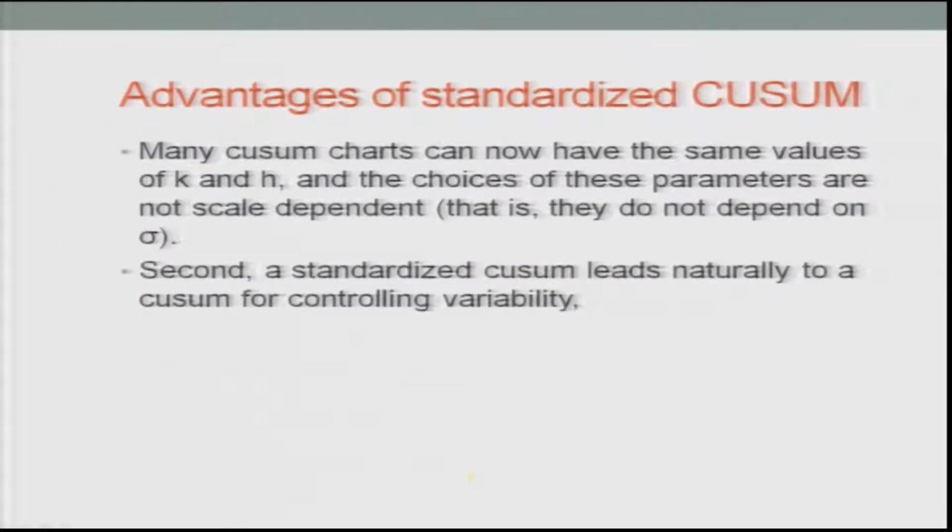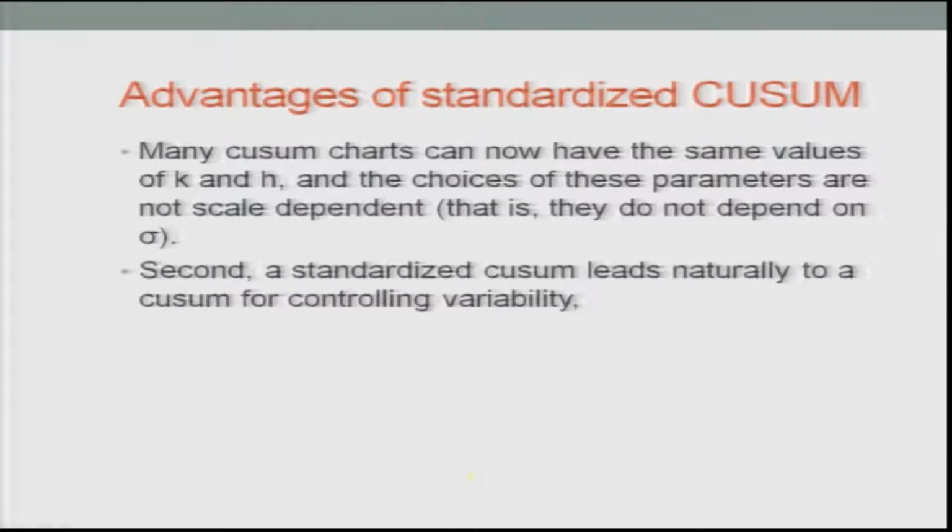So, the advantages of standard CUSUM charts are, many CUSUM charts can now have the same values of K and H. Obviously, whatever the K values and H values are, small k and small h, you can standardize them and utilize them accordingly. The choices of these parameters are not scale dependent, that is, they do not depend on the level of sigma.